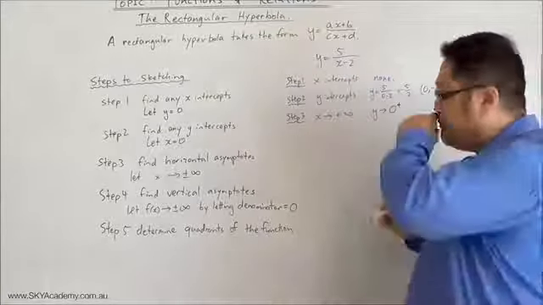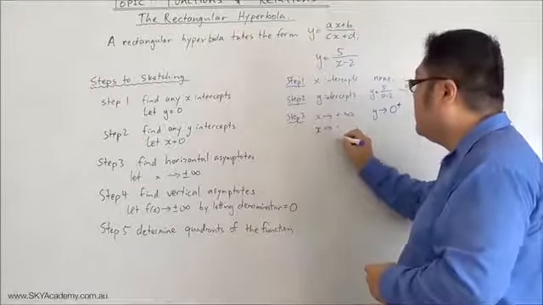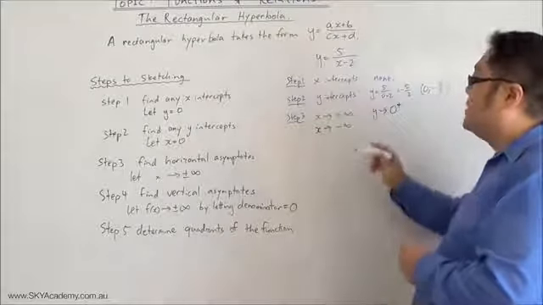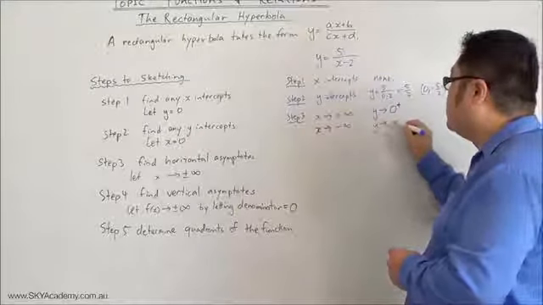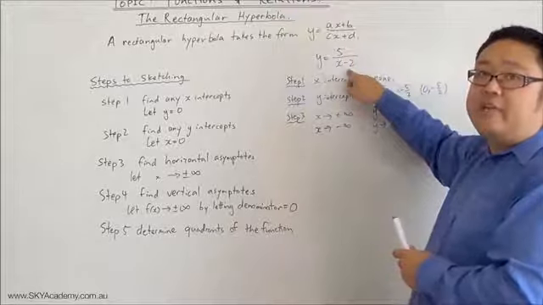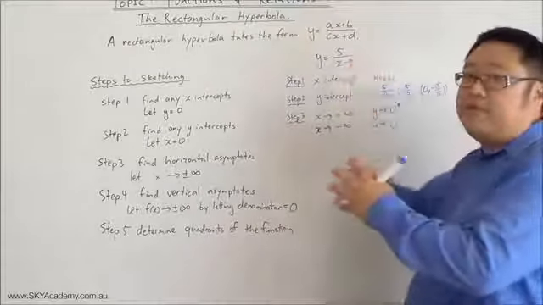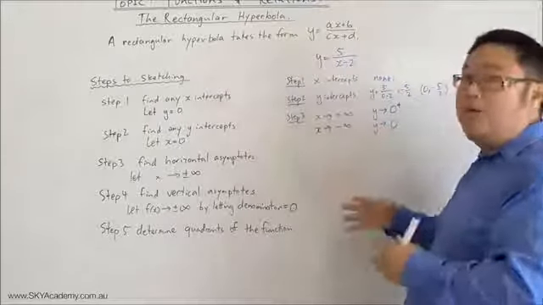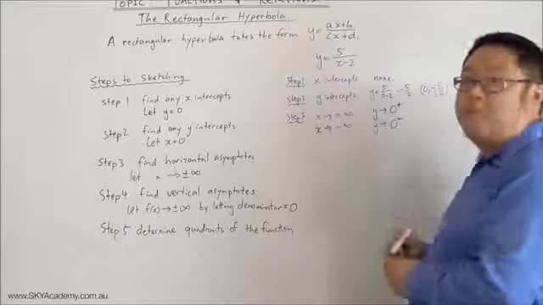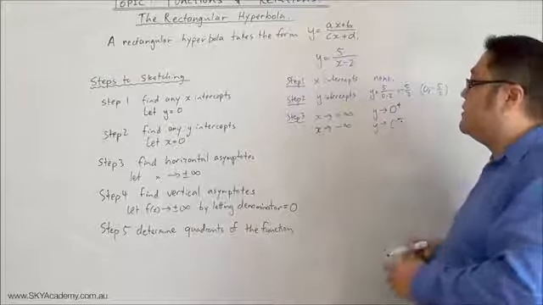I'll explain what that means when we graph it. Then as x approaches negative infinity, y also approaches 0, but it's a positive number over a negative number, so it approaches 0 from below. We put a little minus sign there to say it's approaching 0 from below.